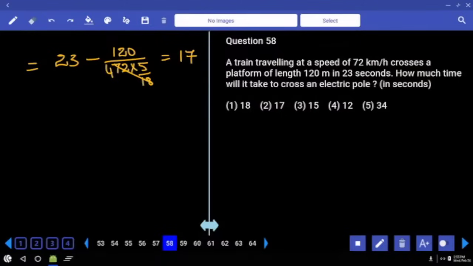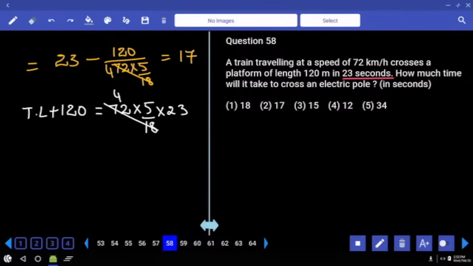So here you are not calculating what is length of the train. The general process for this question is, if it takes 23 seconds to cross a platform, distance traveled is train length plus platform length, which is 120. This is equal to distance. Speed into time. 72 into 5 by 18 into 23.